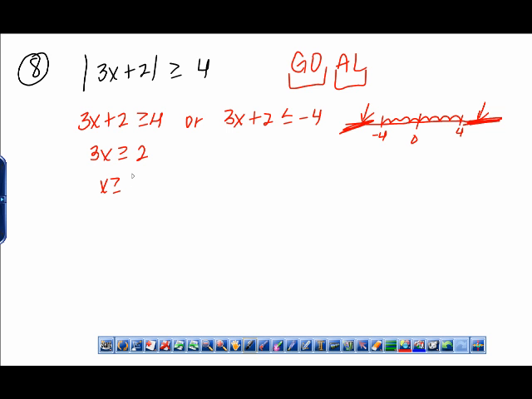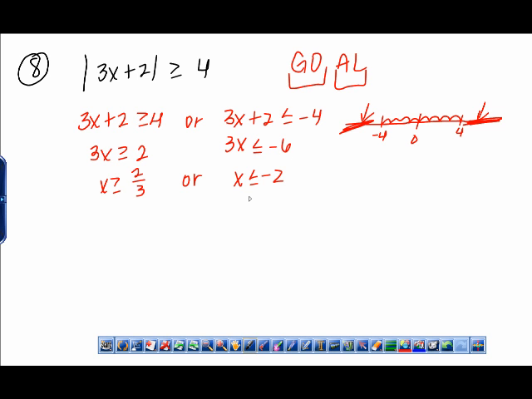So I would have x greater than or equal to 2/3, or over here 3x less than or equal to negative 6, and x is less than or equal to negative 2. And so you would have to write the less than statement first, and it usually is the second one, but sometimes you have to divide by a negative, so just think it out from problem to problem.